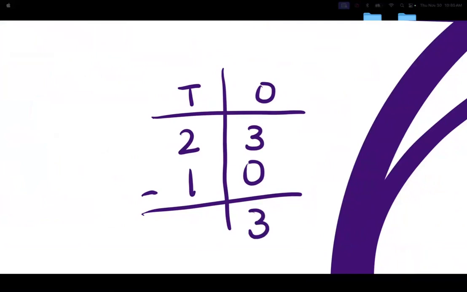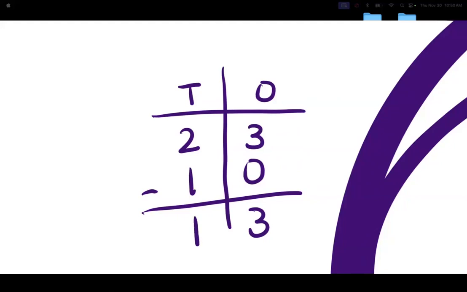Okay. 2 minus 1 is what? 2 minus 1 is 1. Good job. Your number is going to be 13.